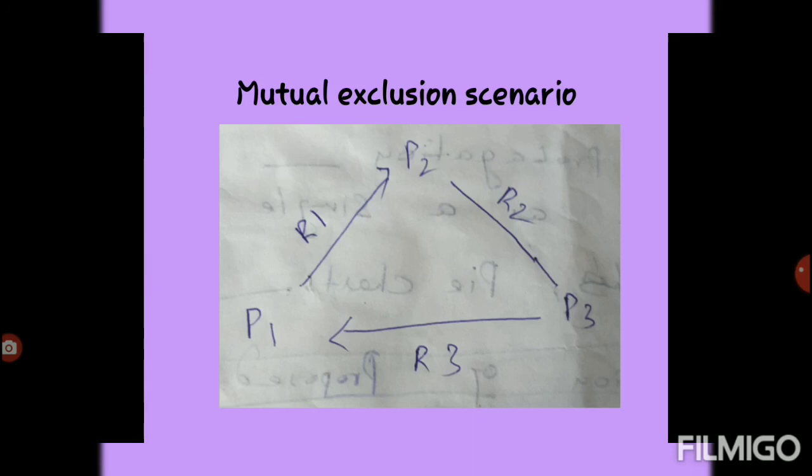P3 was already holding resource 3, and R3 will be released by P3 and used by P1. So no resource is taken by a single process, and no process is waiting with starvation. This is the scenario.